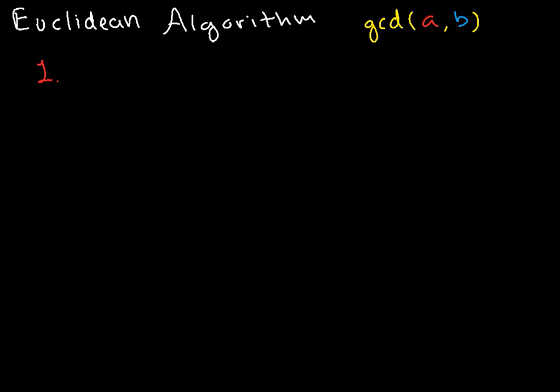So the first thing you're going to do is take the large number, divide it by the smaller number, and find the remainder.